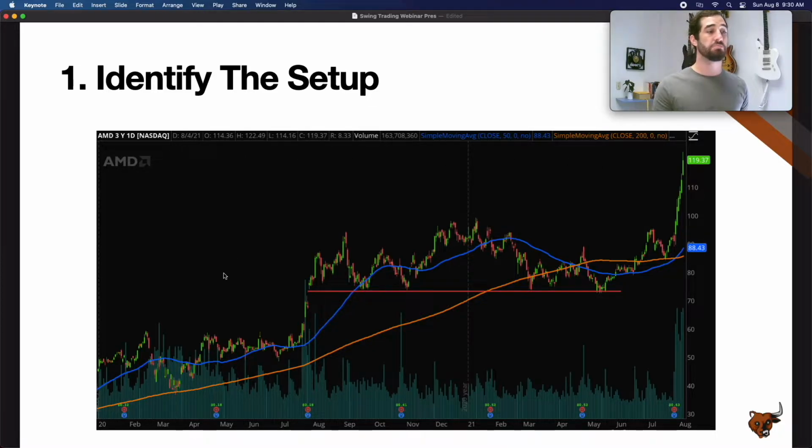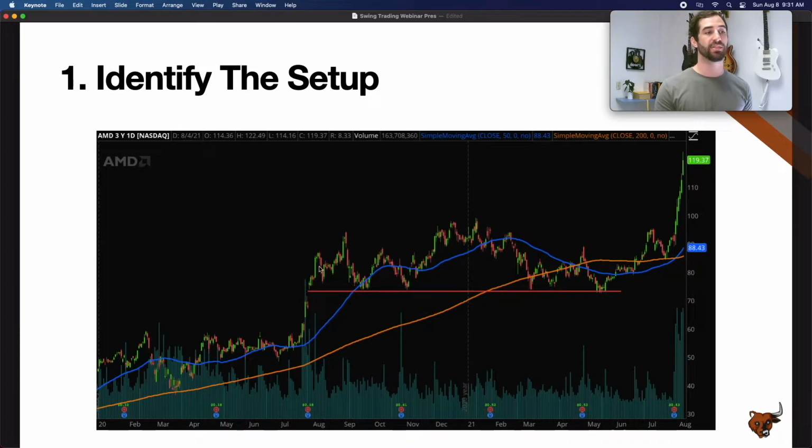AMD, semiconductor company, well known in their space, growing, positive general uptrends in this price. All right, here we see the March drop, whatever, recuperates, trades sideways, and then breaks out. Okay, it breaks out right here in a big way.